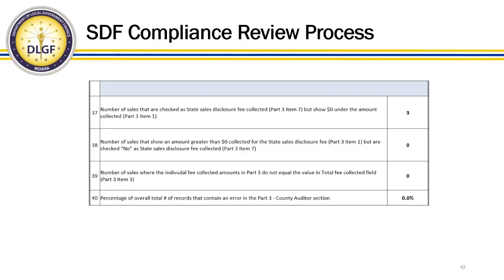That's that last tab that you may potentially notice on your sales issues workbook. So again, the items in this portion of the compliance report will make reference back to the records on the respective tabs on your issues workbook.